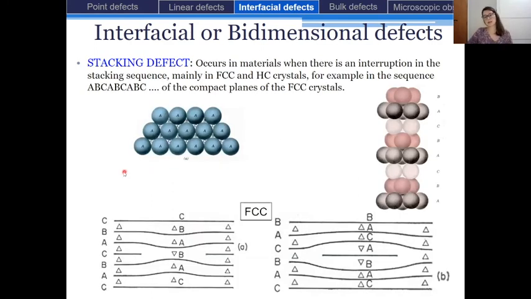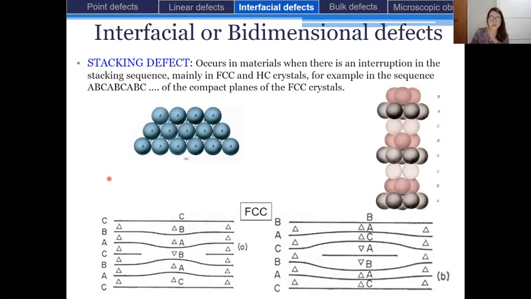Okay, and the last bidimensional defect that we are going to see is the stacking defect. So it occurs in materials when there is an interruption in the stacking sequence, mainly in FCC and HC crystals.